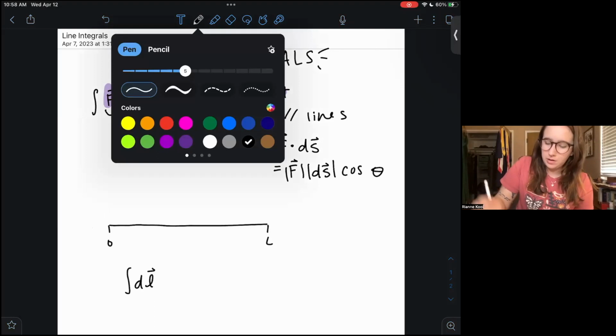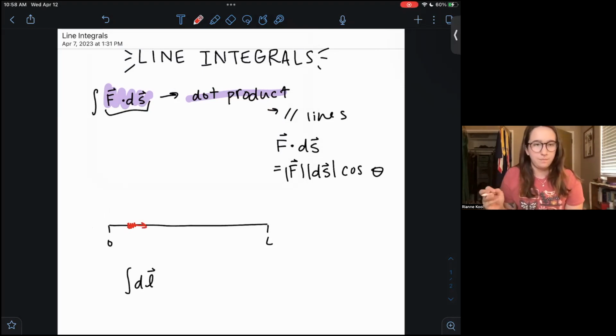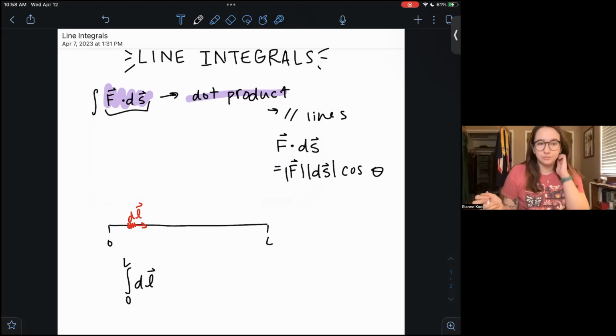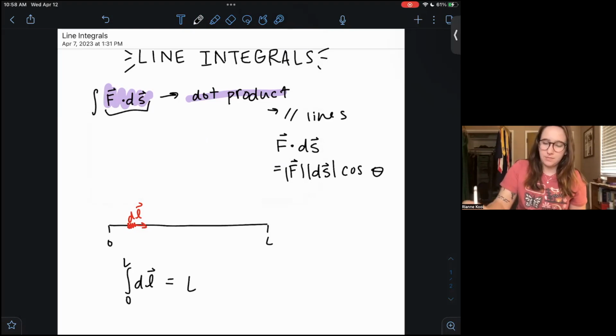I'm going to create just a small sliver dL, going in that direction, and I want to integrate over all of these dLs from 0 to L. And this is just L, because if we take infinitesimally small dLs and integrate over all of them from 0 to L, you just get L.